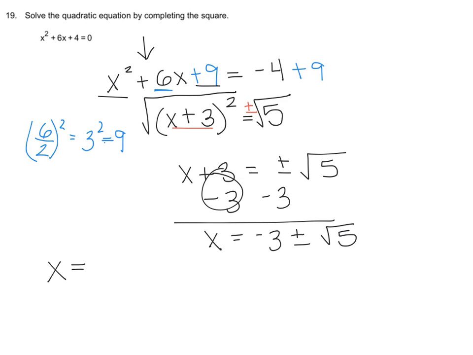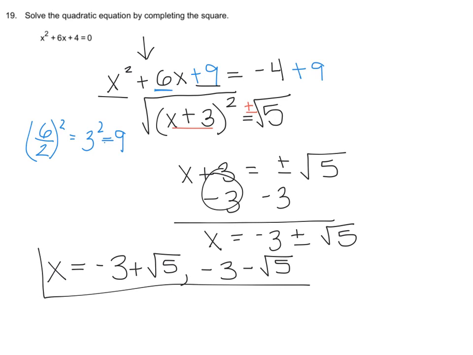So I really have two solutions, and my two solutions are x equals negative 3 plus square root 5 and x equals negative 3 minus square root 5. So I just separated those two by commas so you could see that there's two separate solutions to this problem.